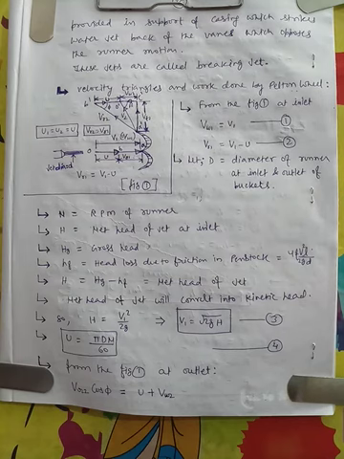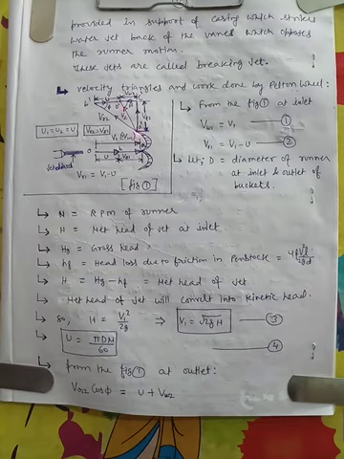This is the velocity triangle, O dash, A dash, B dash. From the figure, this is VR2 cos phi. Cos phi means B dash C dash. VR2 cos phi is equal to U plus VW2.